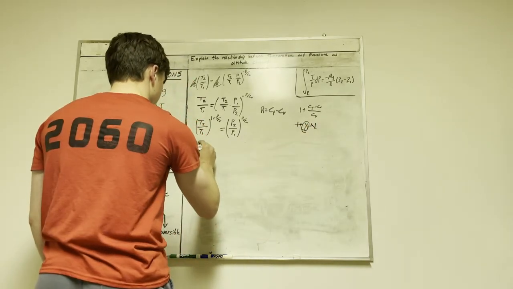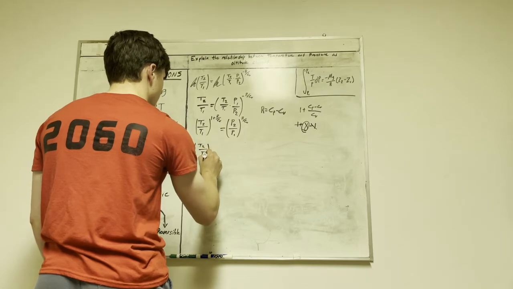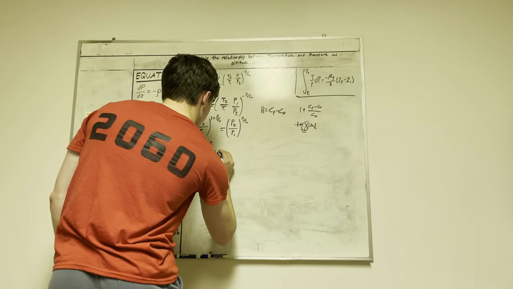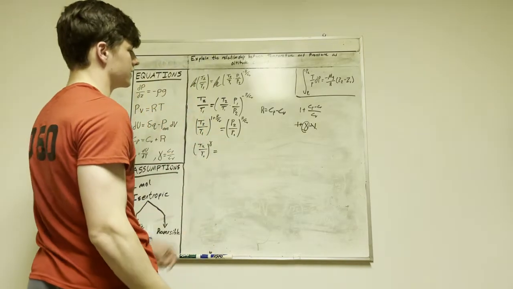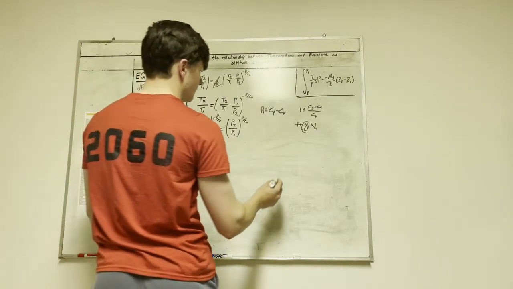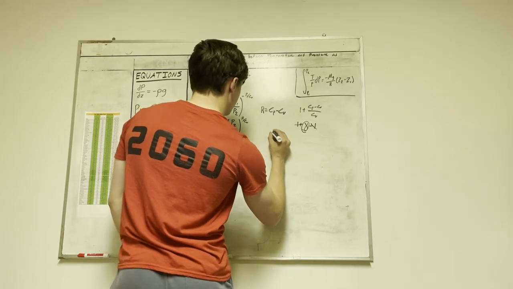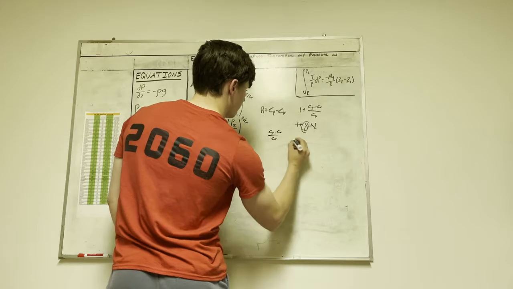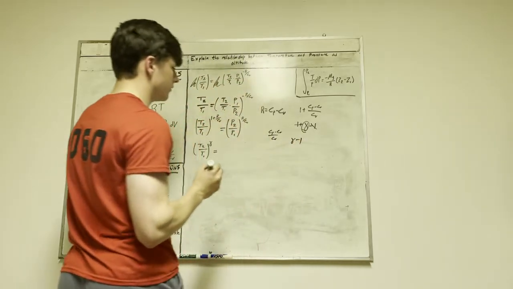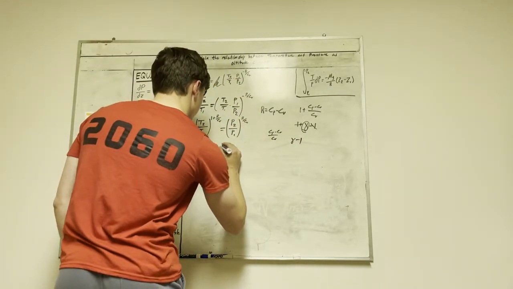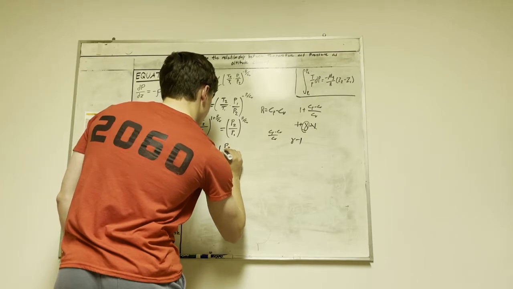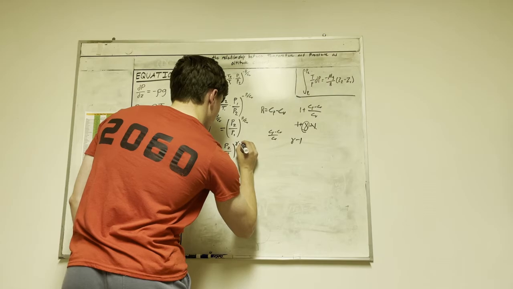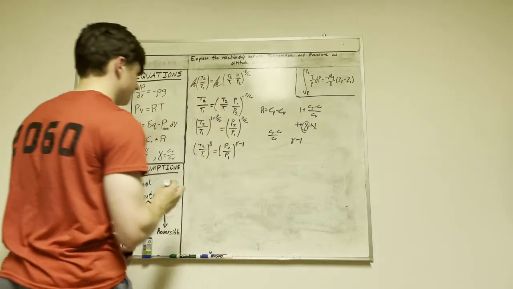So then we'll get T2 over T1 to the power of gamma equals, and then we'll do the same thing on this side. So then we'll do CP minus CV over CV, and we'll get gamma minus 1 from that. So then we'll have P2 over P1 to the gamma minus 1.